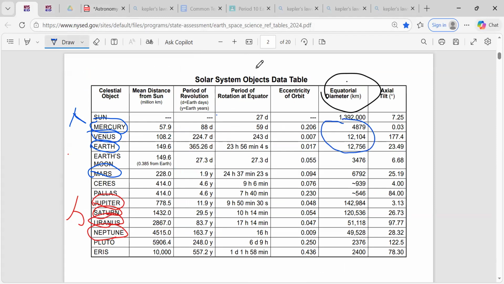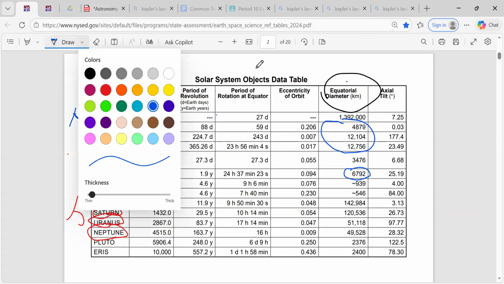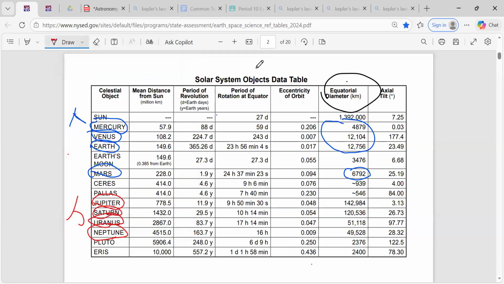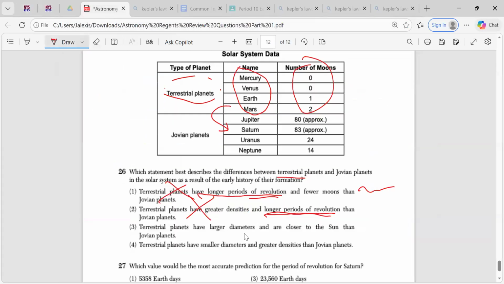I'm going to circle in blue for the terrestrial planets and in red for my Jovian. When I take a look, the Jovian planets have a much larger equatorial diameter than the terrestrial planets.